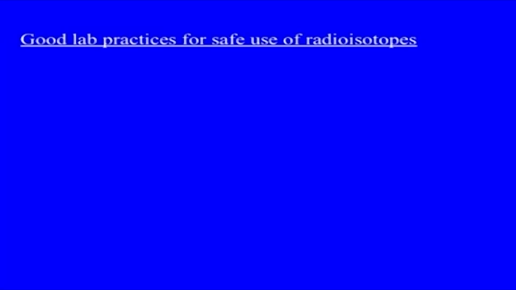When we are utilizing these radioisotopes in biotechnology labs, or any biological lab, there are certain good lab practices for their safe use, and I would like to discuss some of them here. Good lab practices are a must for anybody who is going to use radioisotopes for any application.